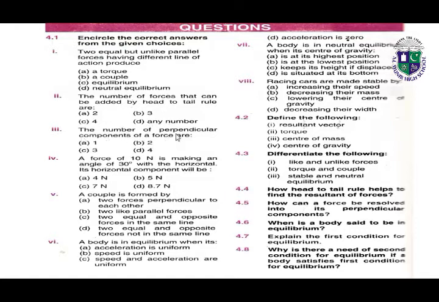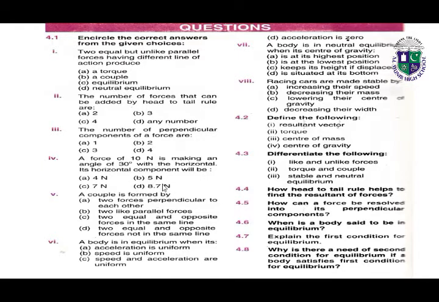The number of perpendicular components of a force are B, 2. 4. Fourth MCQ. A force of 10 Newton is making an angle of 30 degree with the horizontal. Its horizontal component will be, answer of 4 is D, 8.7 Newton.